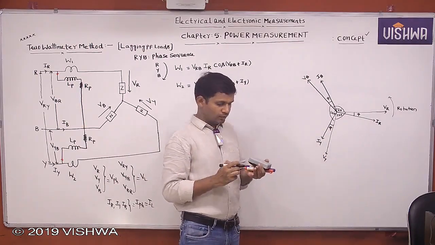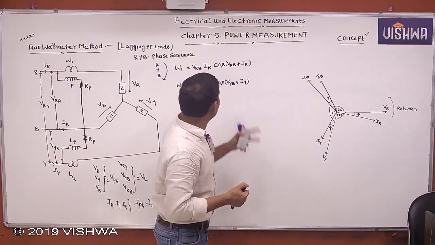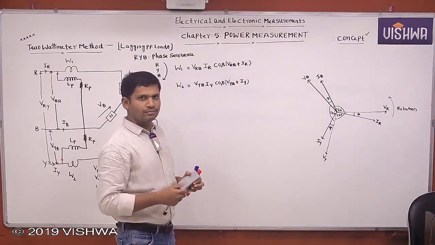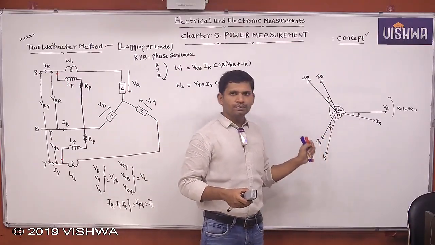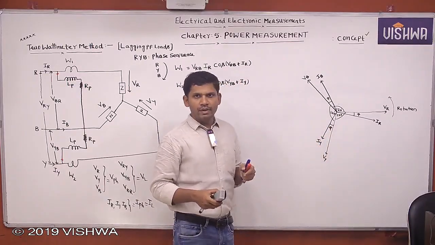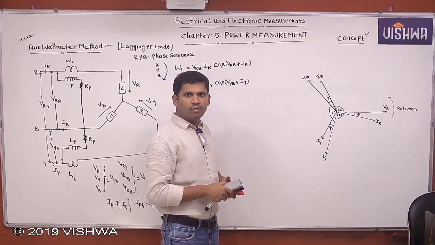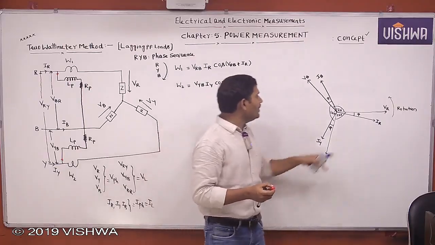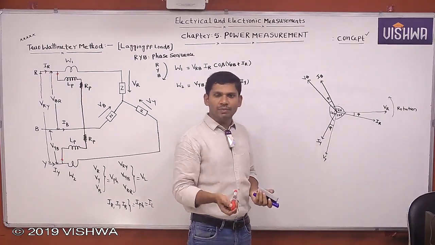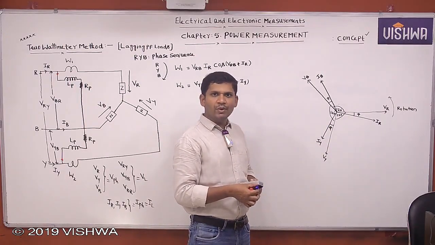Clear? Now, you want the angle between VRB and IR. IR you know, but you want VRB. As per vector notation, what is VRB? VR minus VB. VR you know, but you want minus VB. How can you get minus VB, you tell me?